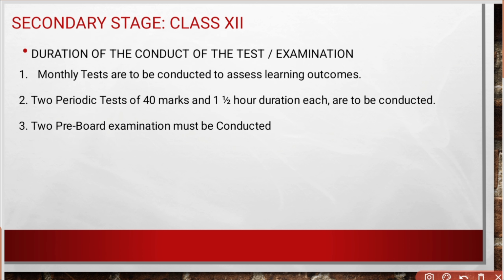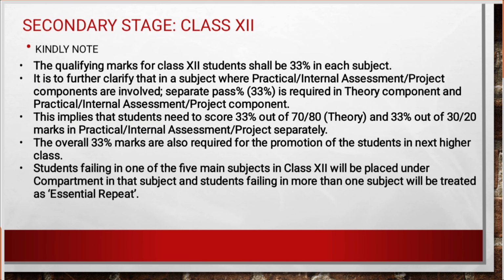Next, the school can conduct monthly tests to assess learning outcomes, 2 periodic tests of 40 marks and 1.5 hours duration, and 2 pre-board exams must be conducted. Now let's see the passing criteria for class 12. It's again the same as class 11, meaning in each subject they should get 33% and it should be separately.